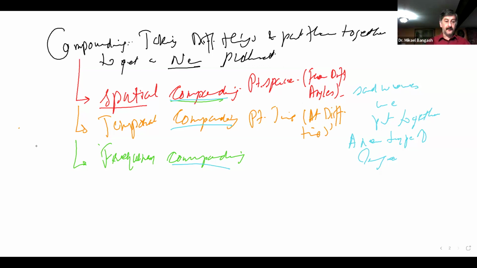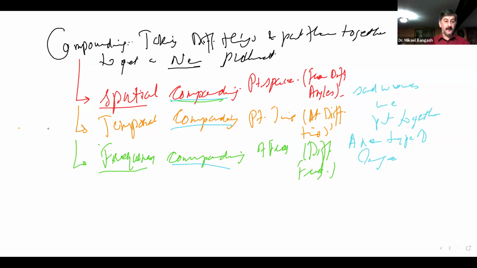And frequency, now, if you guys remember I told you to read on dynamic frequency tuning. This is the same thing here. Mainly, it's going to be compounding of different frequencies.